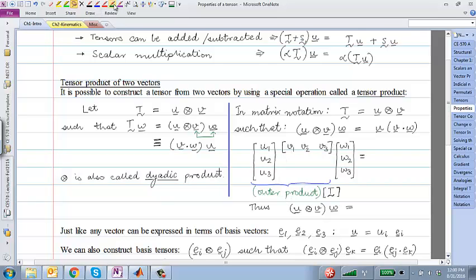That would indeed be a 3x3 matrix. And so if you express T as U dyad V, the components of T will be 9 components given by the outer product of these two vectors.